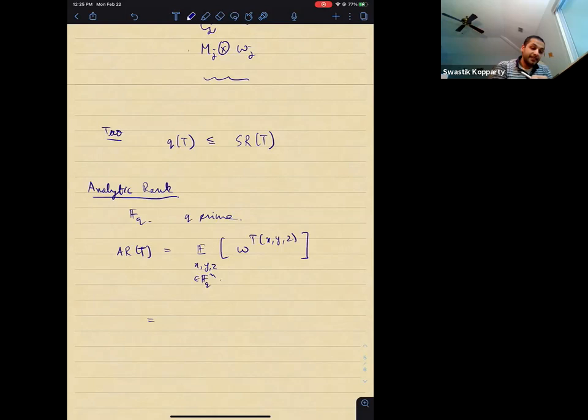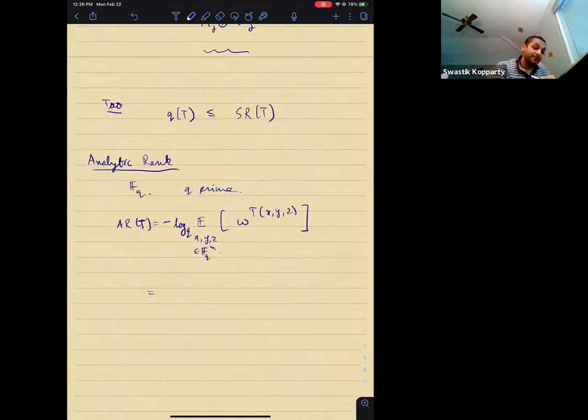It's also equal to log to the base q of minus log of this. And it's also equal to the following: we look at the set of all x, y such that T of x, y, dot is identically 0.